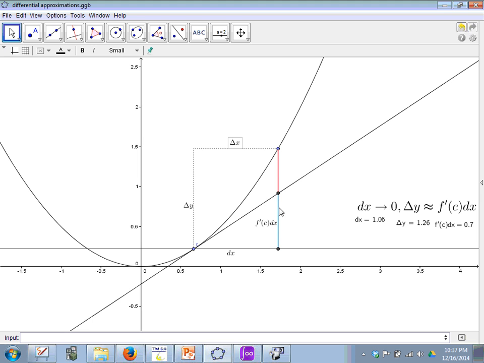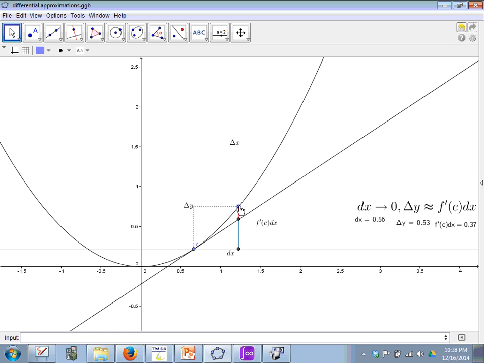Obviously this vertical distance is not the same as this vertical distance, delta y. You can see they're quite different. From here to here is much smaller than from here to here. But as this point becomes closer and closer to point C, notice I've got some values over here. As dx approaches 0, delta y can be approximated using this vertical distance here.